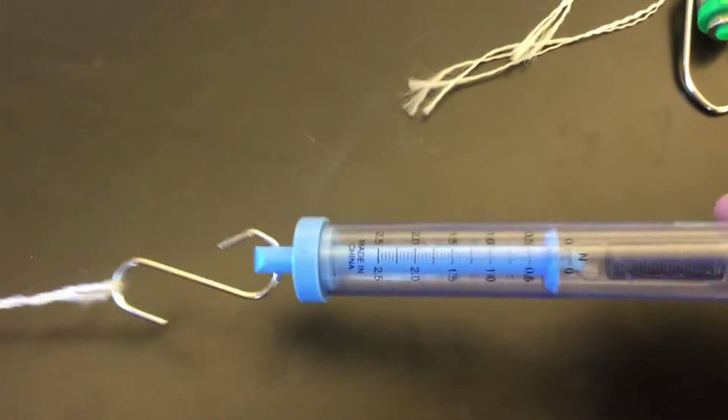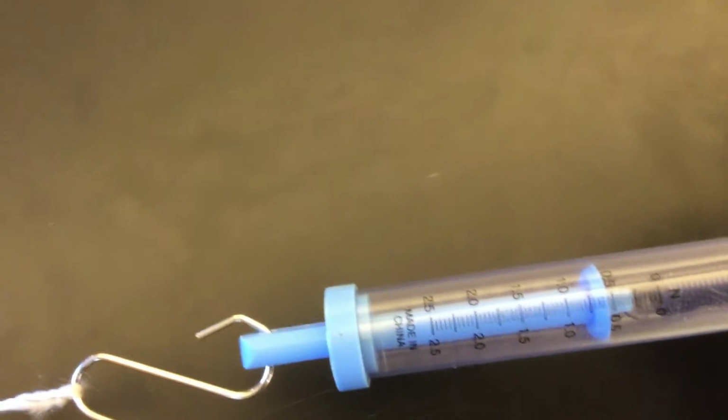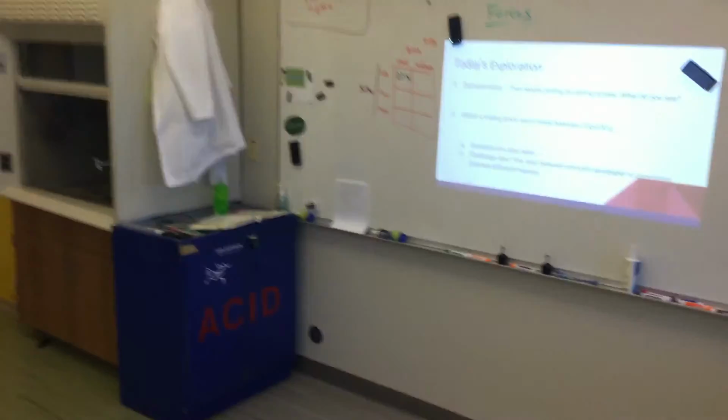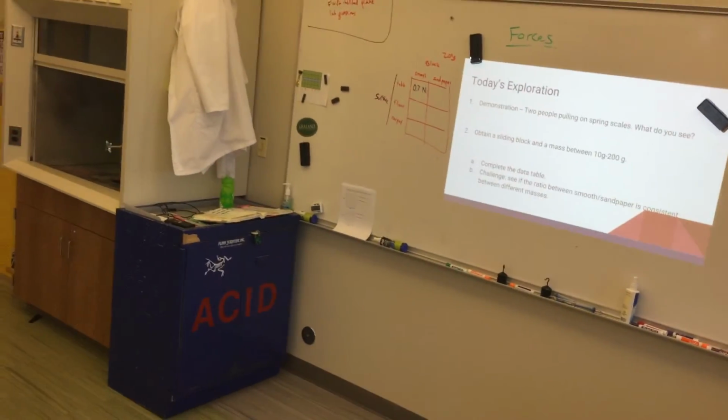Okay, you put a mass on there, and what you're going to do is pull the spring scale to see how much force is required to pull this. If I'm pulling this, you can see hopefully that it's taking about 0.6 Newtons as I'm sliding this along. And so up there on the data table, I'd write 0.6 Newtons on table and smooth surface.